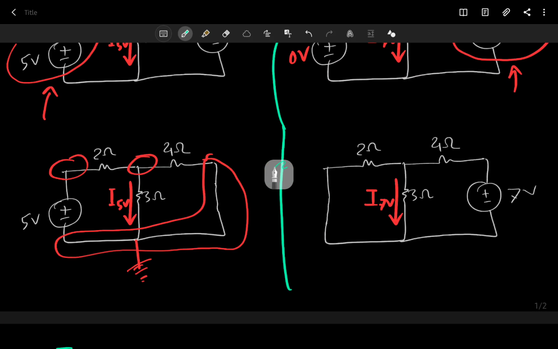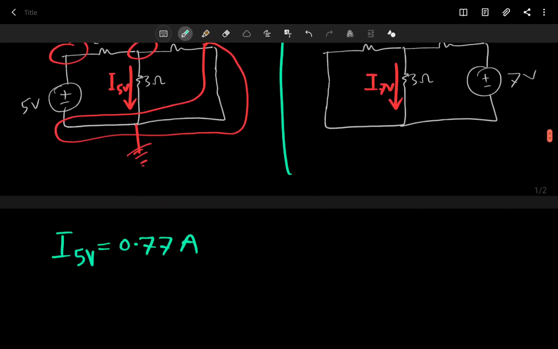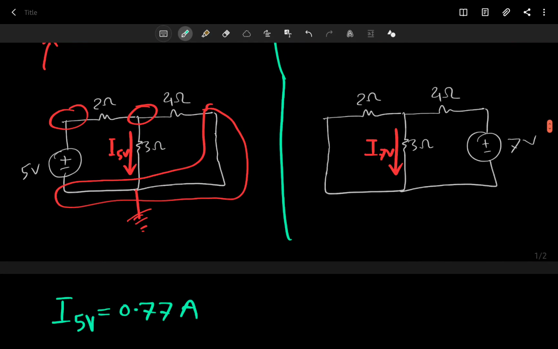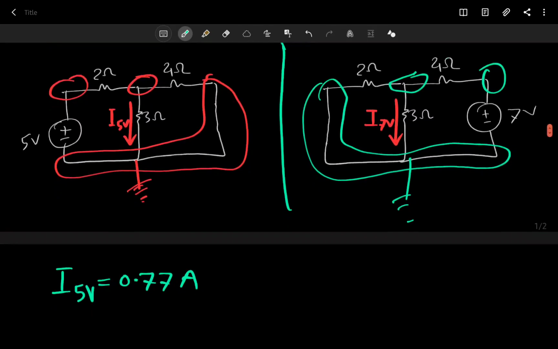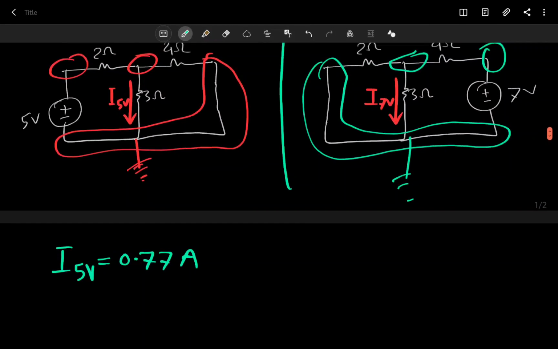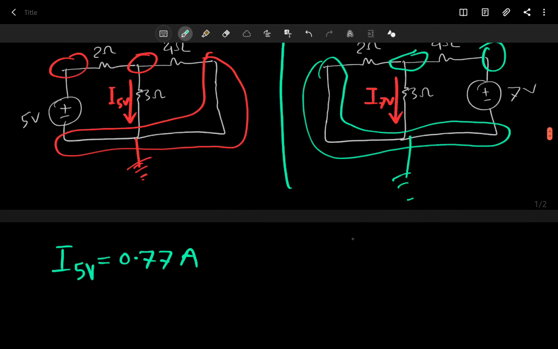And let me draw the box off so that it doesn't distract us from the main point. And now if you solve the same thing again, and again the whole thing is ground, you have one node here, another here, and you do the calculations.